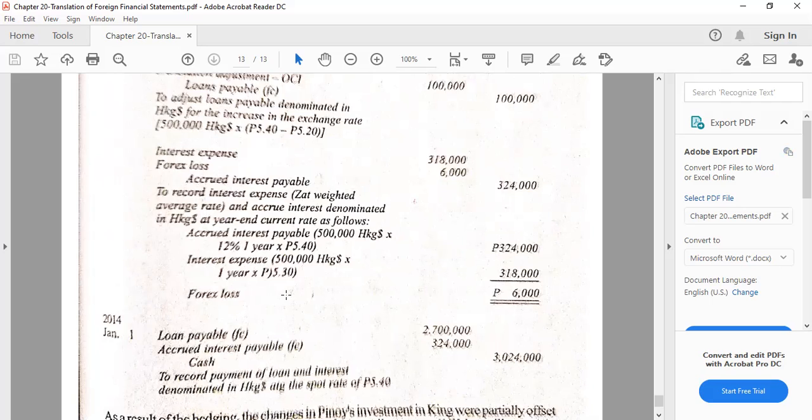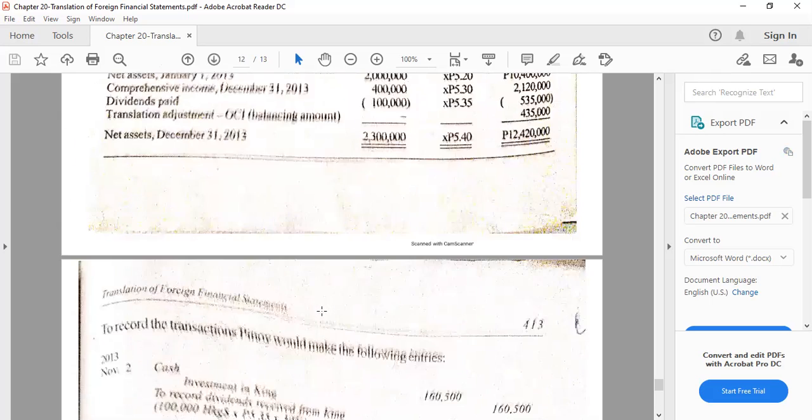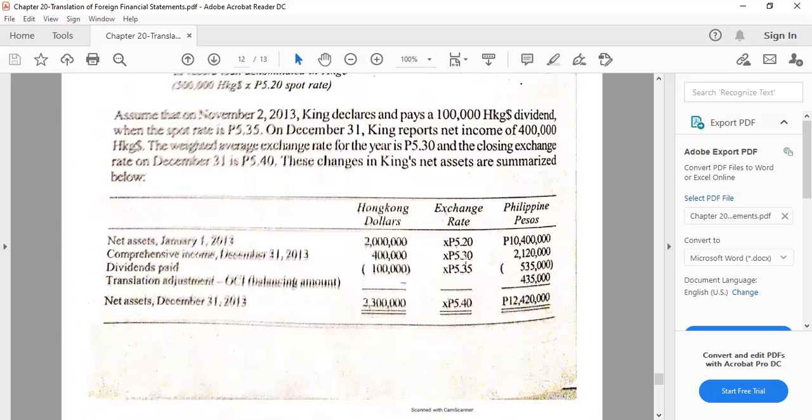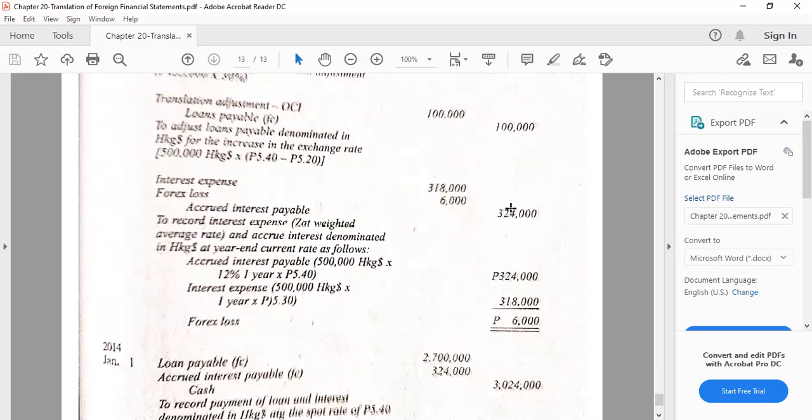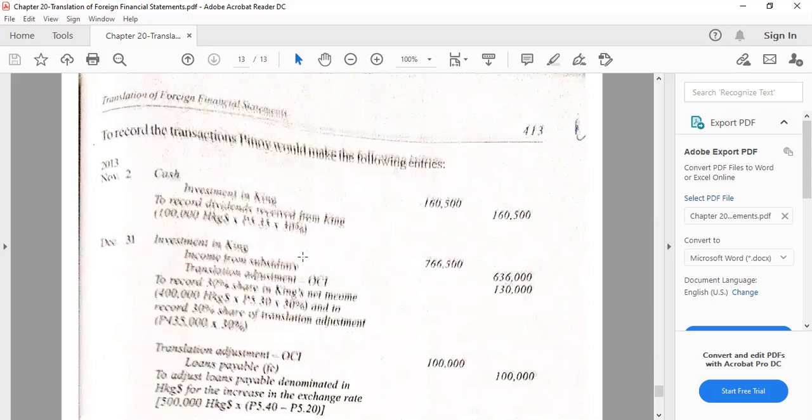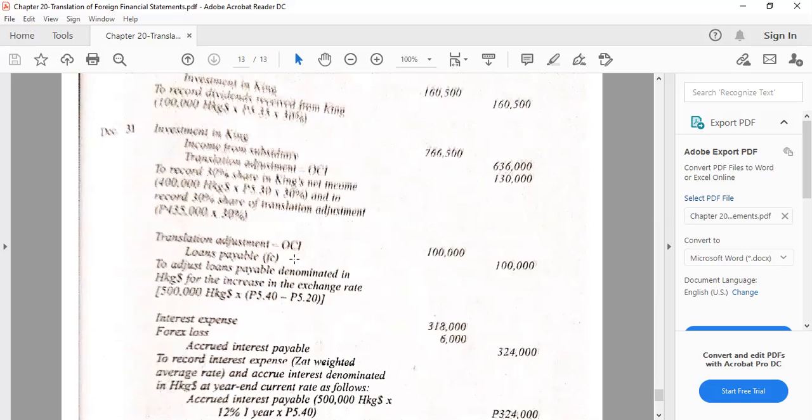That's at the 5.4 closing rate because that's a liability. But for the expense, 5.3 is the average rate for expenses, so there would be a forex loss because we are actually having more liability than what we expensed. All right, so that's for 2013.